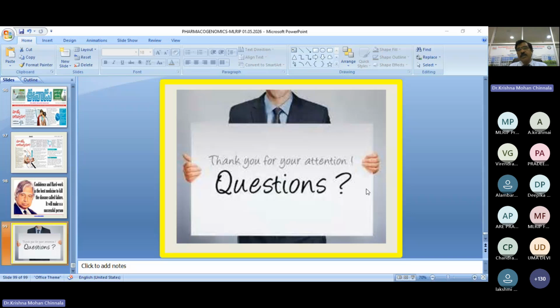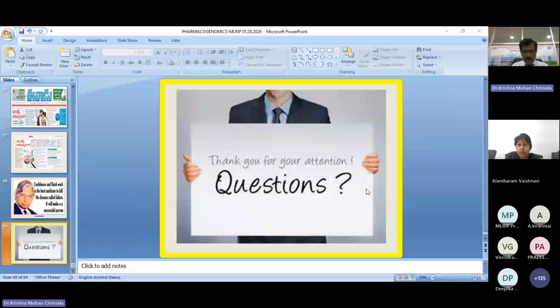Obviously, ma'am, AI tools may not be available right now. To utilize all this pharmacogenomic technology, it is in your hands to prepare AI tools. AI is a tool, that's it. We have to utilize them properly for pharmacogenomics. I may not answer which area may be focused. It depends on the researcher.